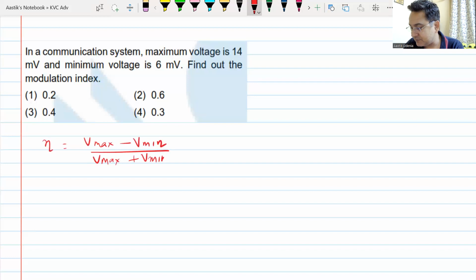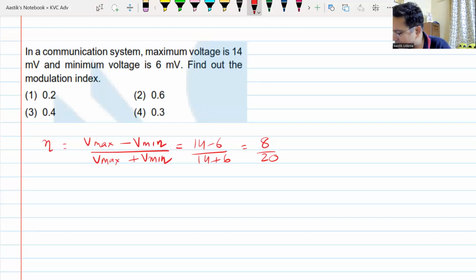Do we remember this? Yes, sir. 14 minus 6 divided by 14 plus 6. How much is it coming? 8 by 20. 8 by 20, yes or no? Yes, sir. 0.4. I hope you understand where you are lagging.